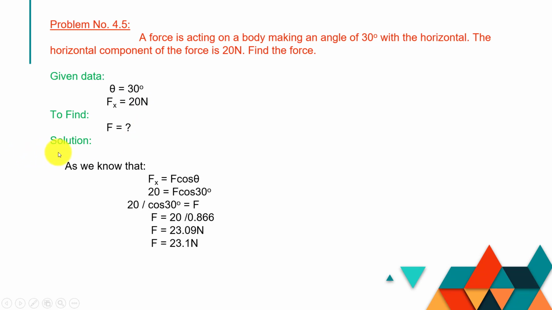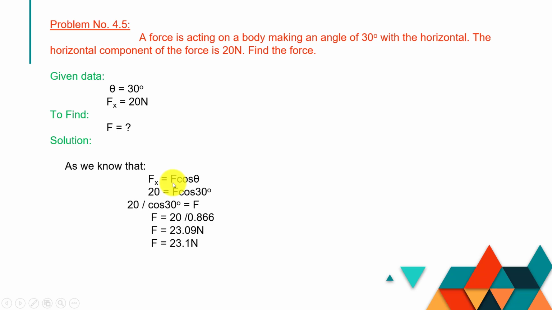Now the solution is, as we know that Fx is equal to F cos theta. It is clear from this formula that if we have the value of Fx and theta, then we can easily calculate the value of the force.